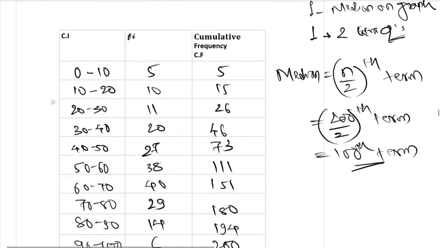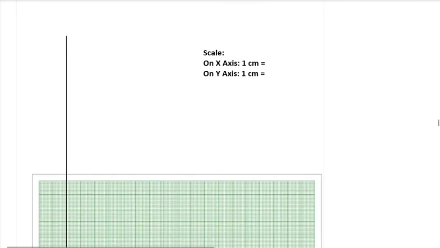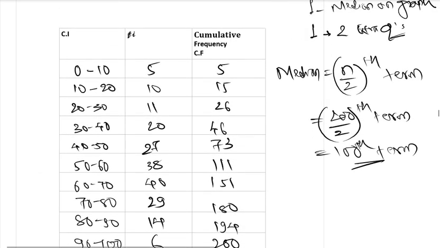So median is the 100th term. So you got your 2 marks over here, for drawing the cumulative frequency table and finding the median, which is the 100th term. That gives you 1 mark. So you got your 2 marks here.